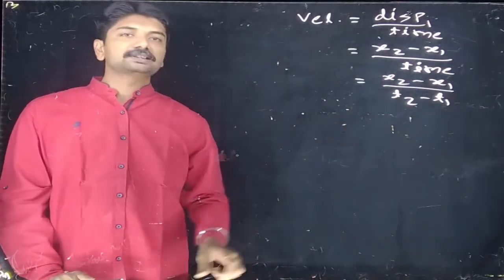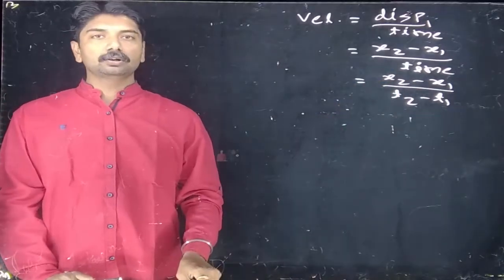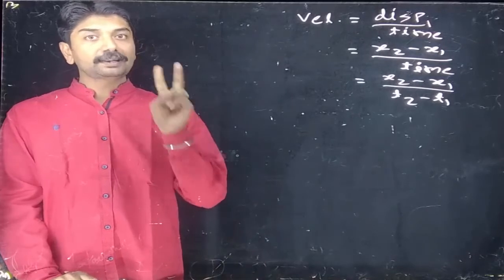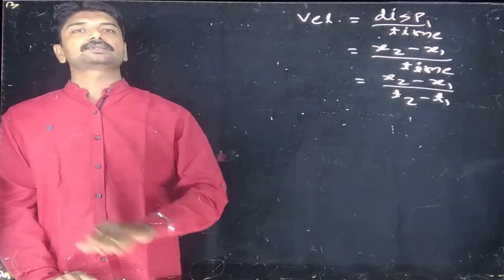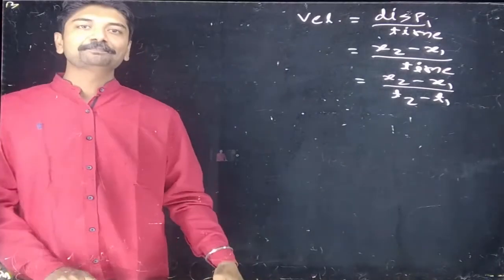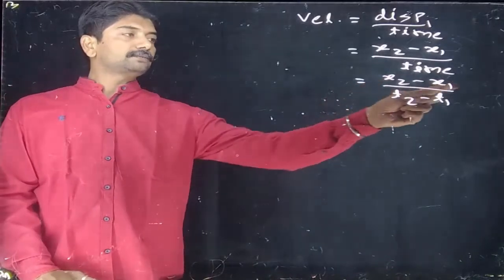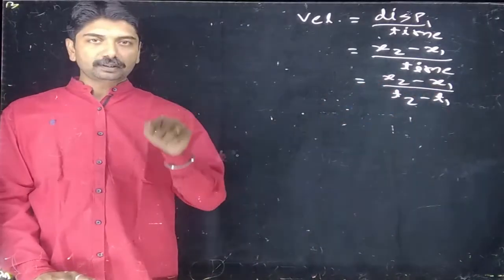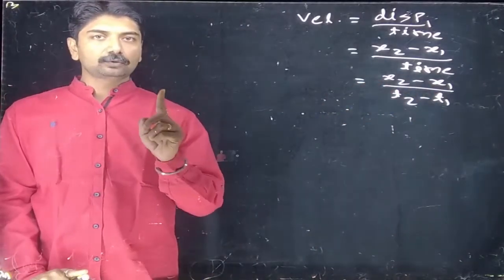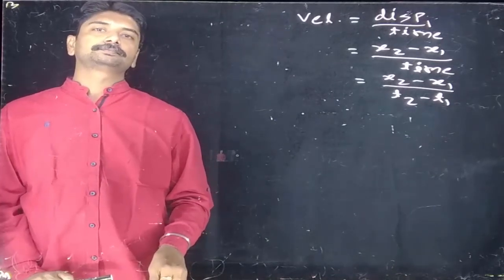If there are two instants, then and only then can I talk about two different positions, because a particular object cannot be at two different positions at the same time instant, unless it's God. So we need to talk about two different positions and two time instants, but the requirement is that I want to find out instantaneous speed. So how to do it?